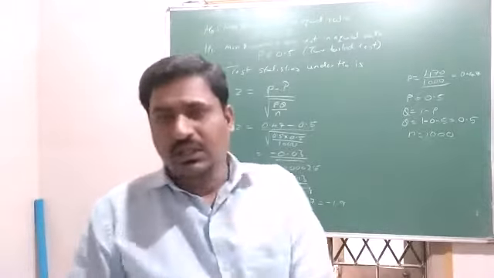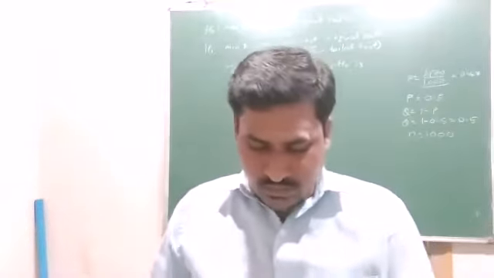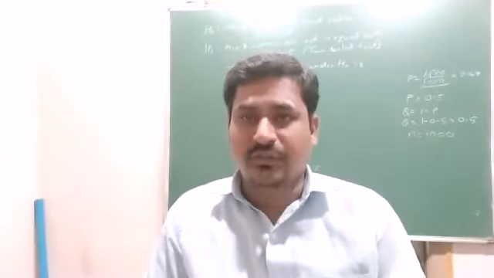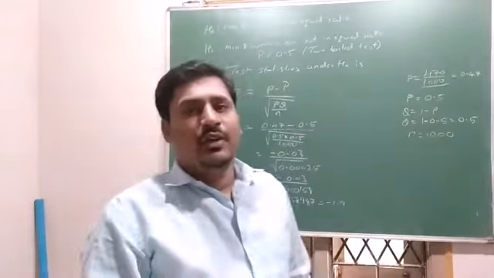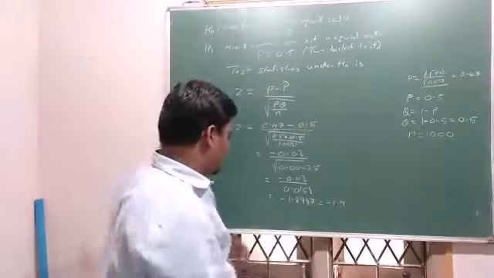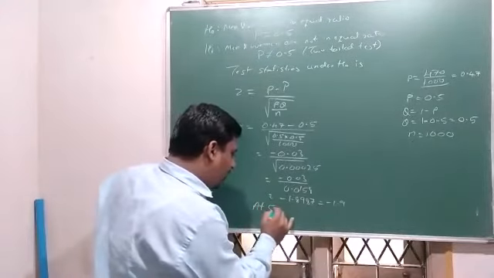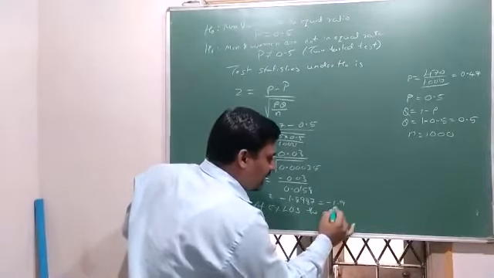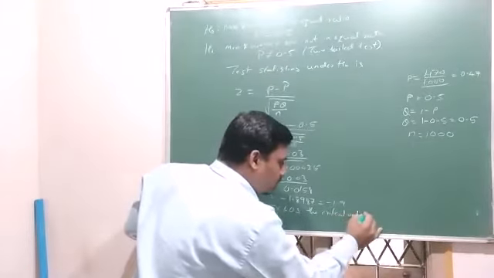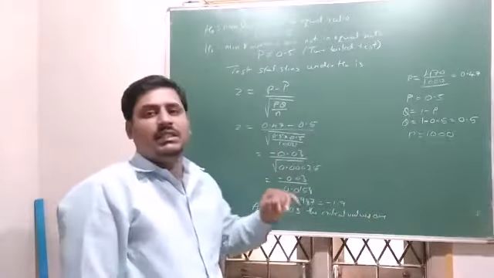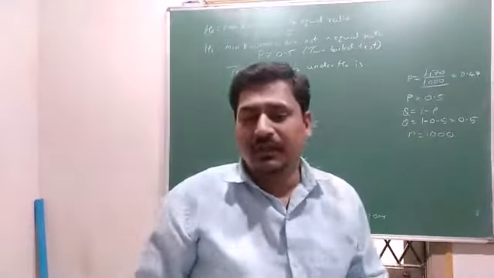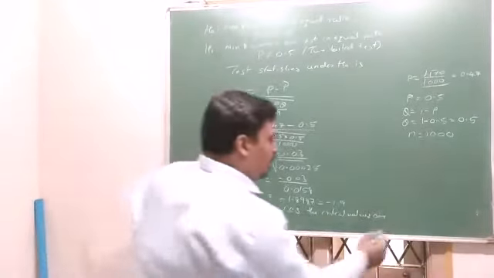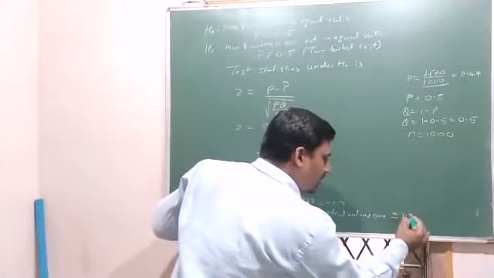In the question they have mentioned alpha is equal to 0.05, which means 5% level of significance. So at 5% level of significance, for a two-tailed test the critical values are plus or minus 1.96.